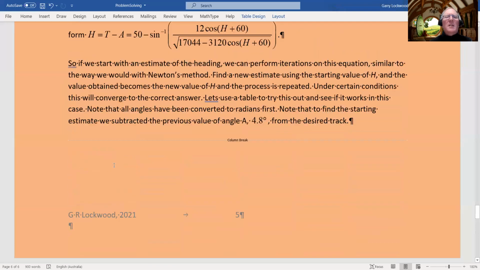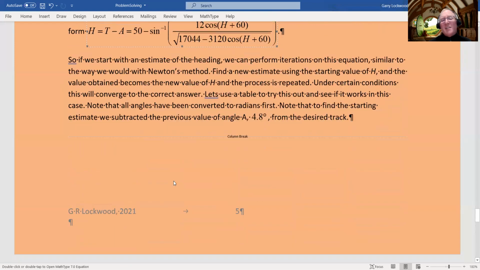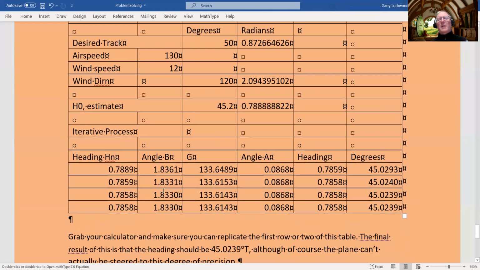I could, if I wanted, just use this formula, but that doesn't reveal very much about the solution, because of course this is still a trigonometric process. And so what I've got is my headings, and this is the first one that I start with, and I've just copied this. Now you'll notice that it's not to anywhere near as many decimal places.